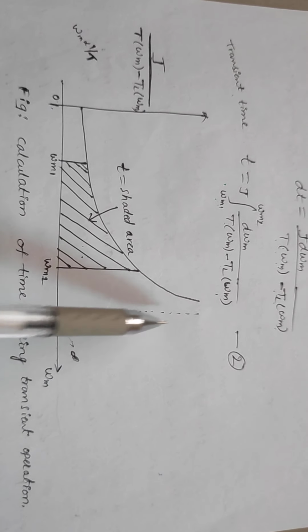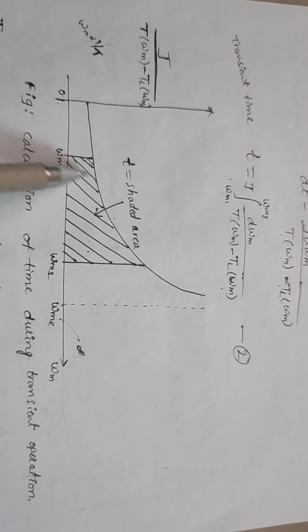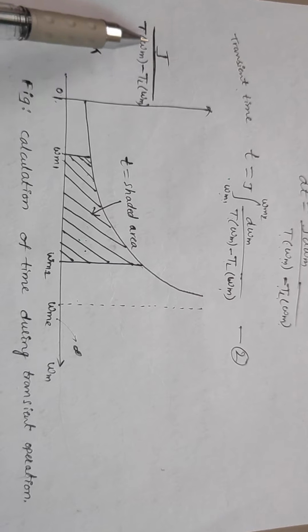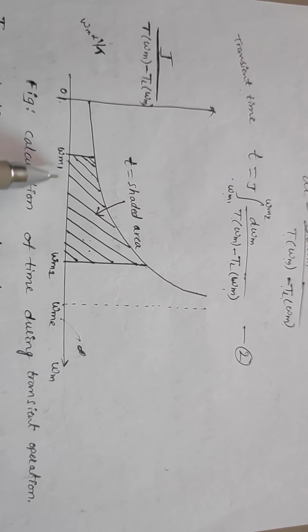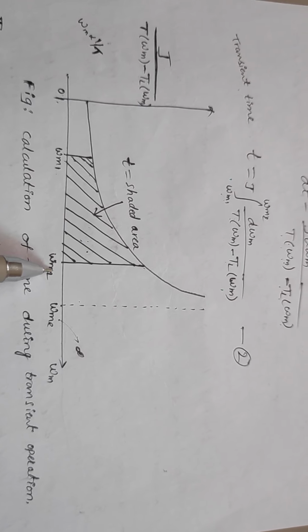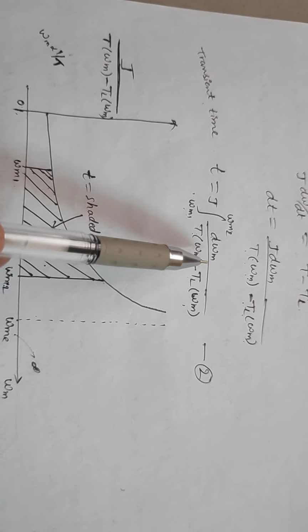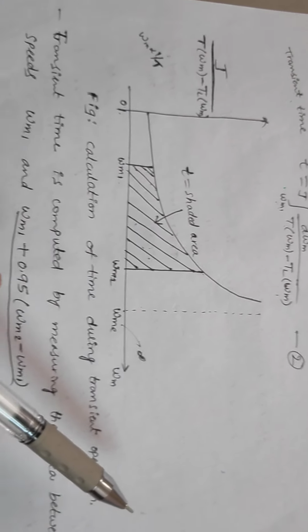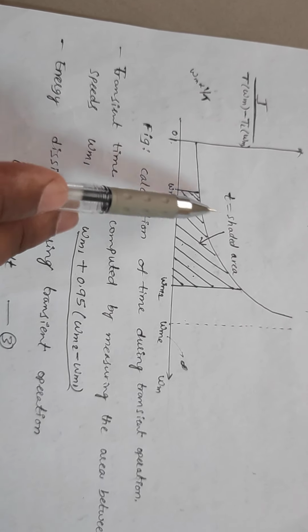The speed will never reach the equilibrium speed, which is why the upper limit omega m2 is at some other speed. The hatched portion is the area covered under J by T of omega m minus TL of omega m against omega m. So by using this graph, we can find the transient time.